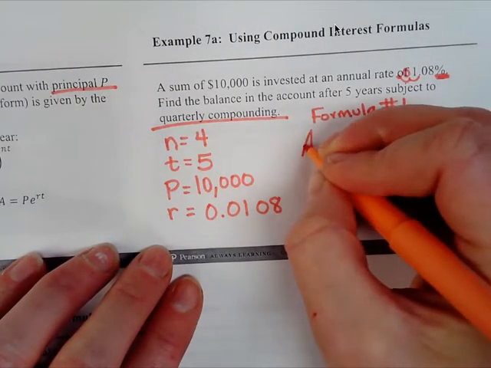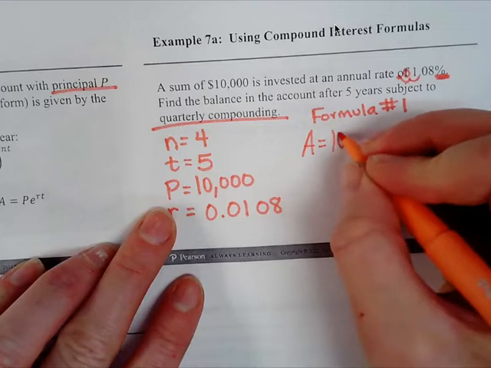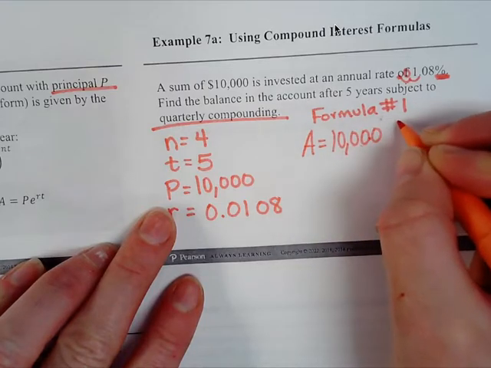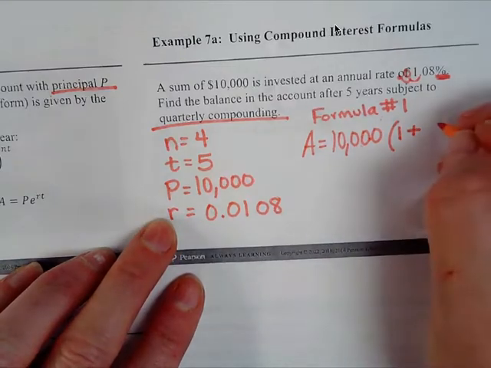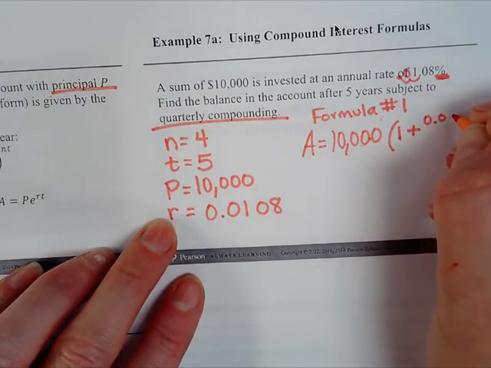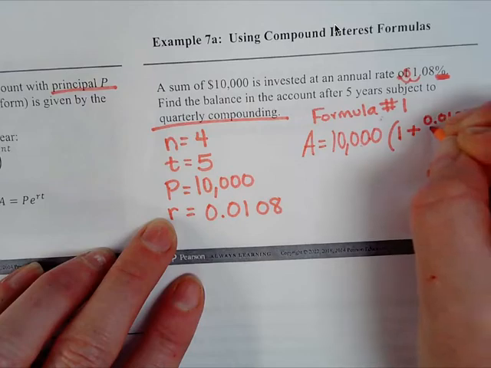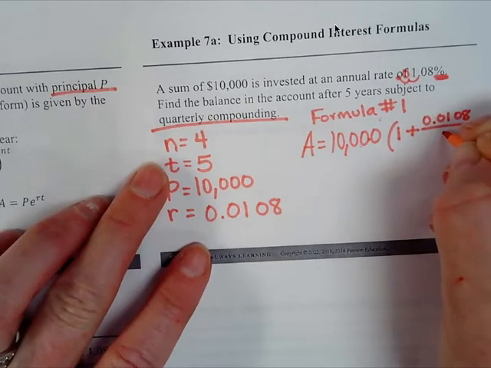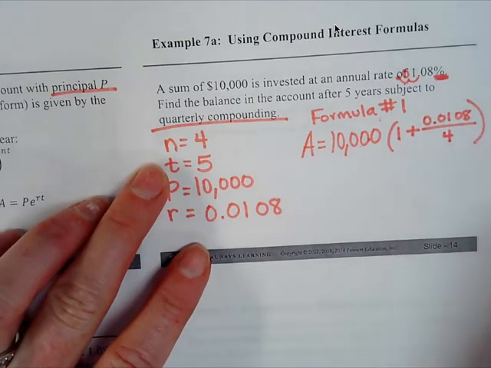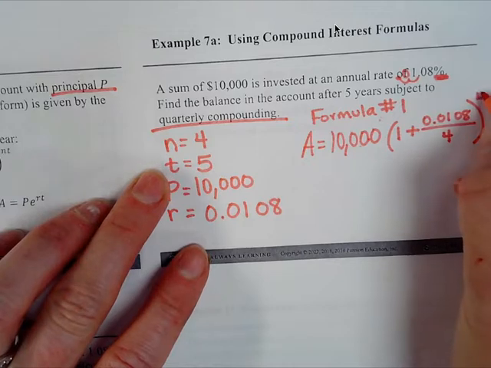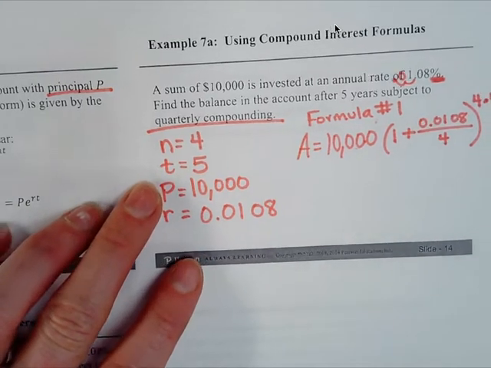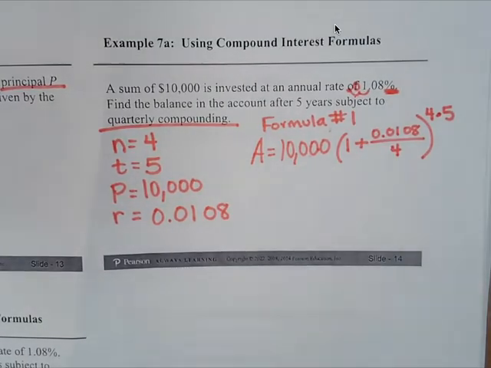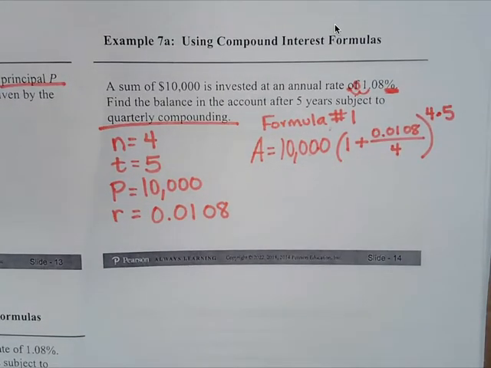So A equals P, so 10,000, times 1 plus R over n, raised to the n times t. Put that in your calculator.